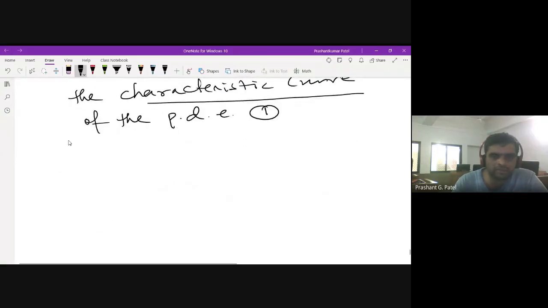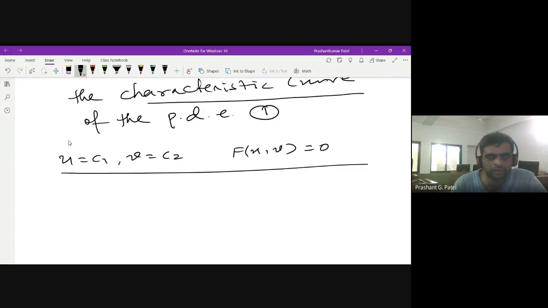And sometimes from this system u equal to constant, v equal to constant, you have a solution f of u, v equal to 0. Sometimes this solution can also be written as v equal to g of u, where g is an arbitrary differentiable function of u.